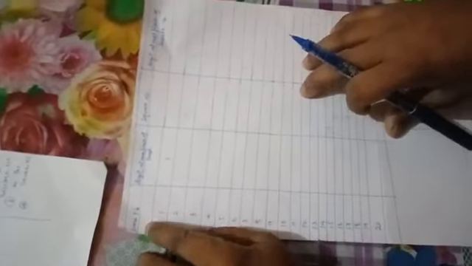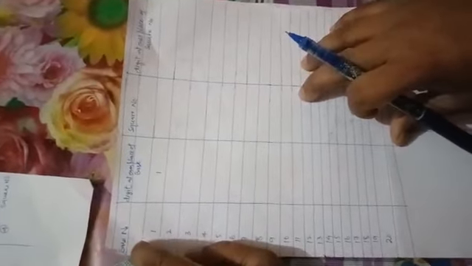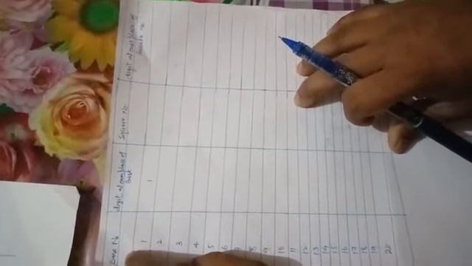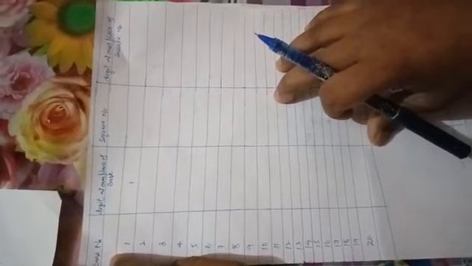Squaring of numbers from 1 to 20 and make a chart of the numbers like this. Base number means the base, which is going to be raised to power 2.